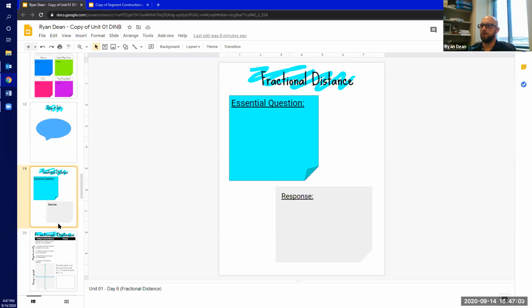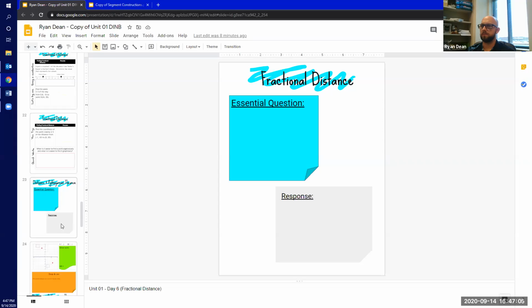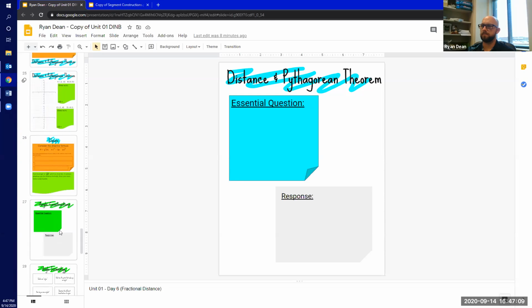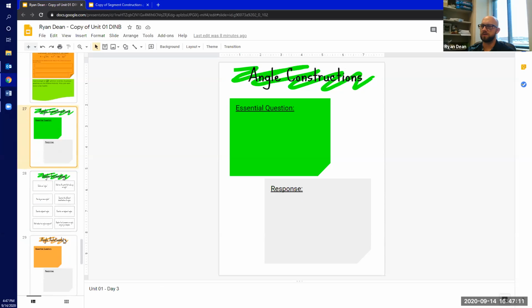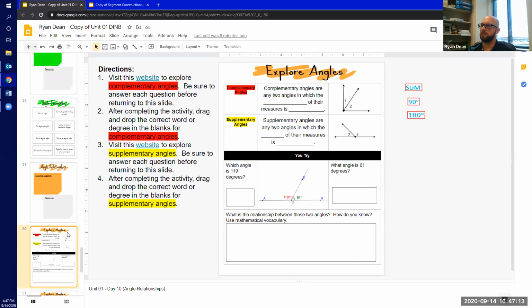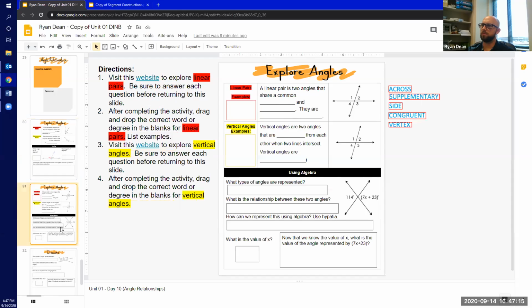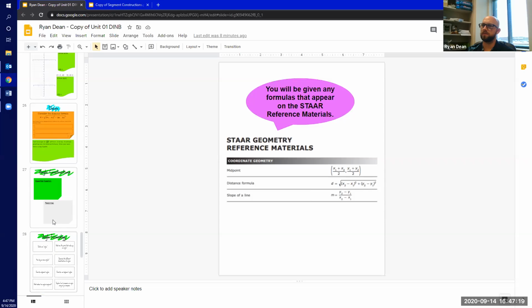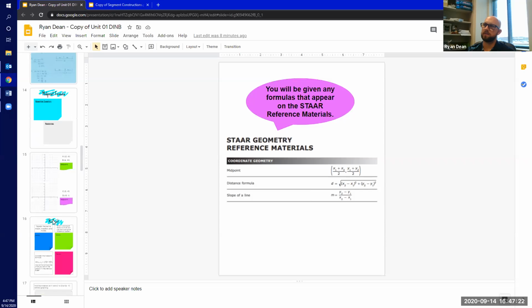I mean, I keep going down, but here's distance. Here's some angle construction stuff. So there's no slide that has congruent or bisects on it.